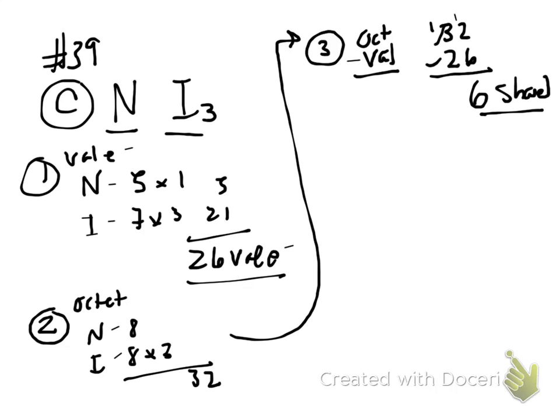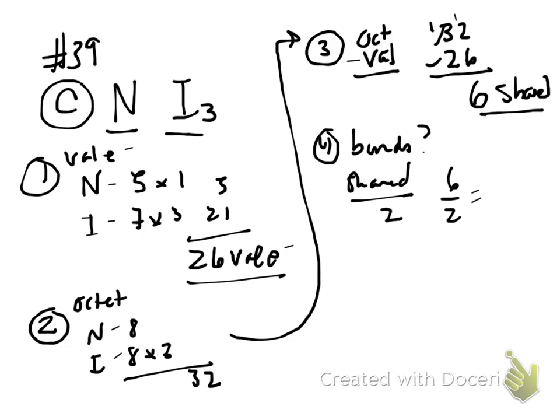Six shared electrons. So step 4, how many bonds? Well, that's shared electrons divided by 2. In other words, 6 divided by 2, there are 3 bonds in this structure. Okay, last thing we need to know.